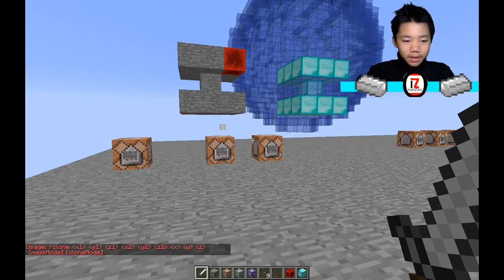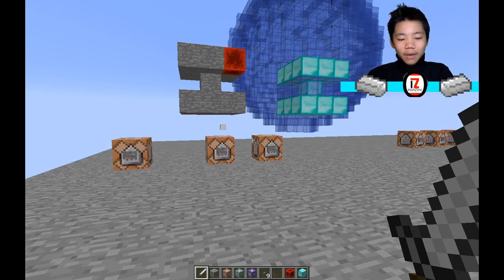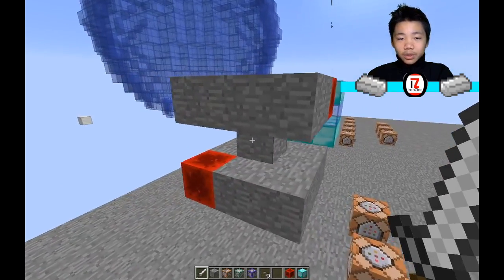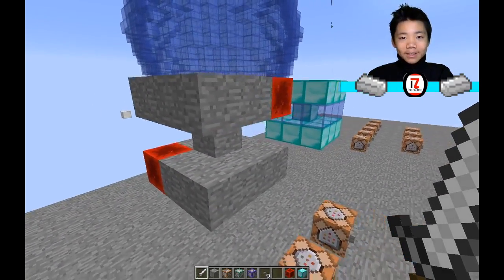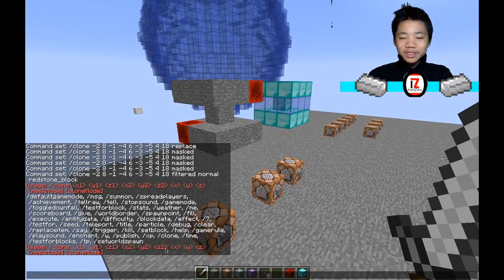Clone. So it says clone x1, y1, z1, x2, y2, z2, and then x, y, z, and then mask mode and clone mode. Like we covered last time, if you mark two blocks, they circle out a small area, and that is what x1, y1, z1, x2, y2, z2 are for.